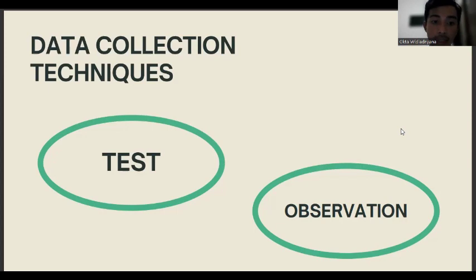In this research, the researcher will give a pre-test and also a post-test. And observation: this data is used to describe the activity in the classroom at a particular time. Using an observation sheet, the researcher will observe the English teaching and learning process in the class.